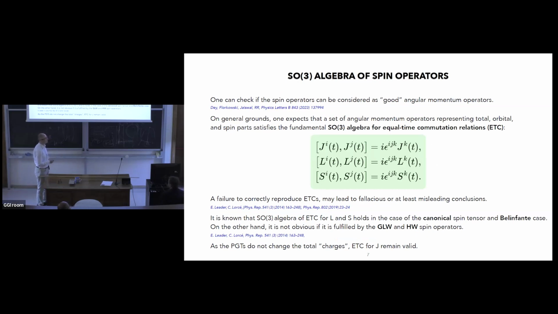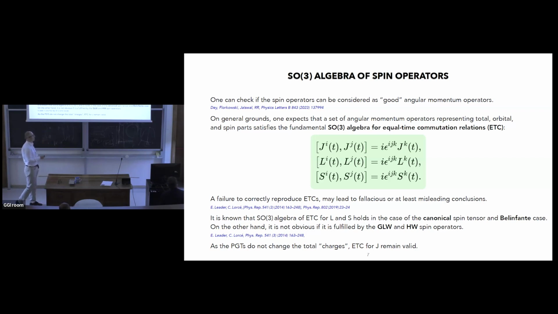And this is something that you would expect if all of these quantities are observable, because they should in principle represent quantities satisfying the same algebra that the usual angular momentum is satisfying.